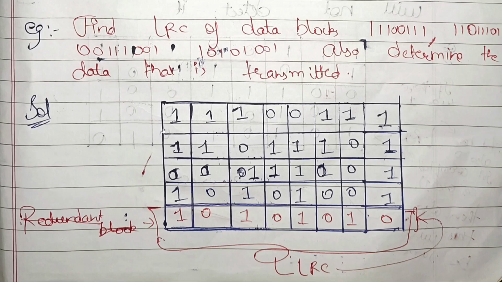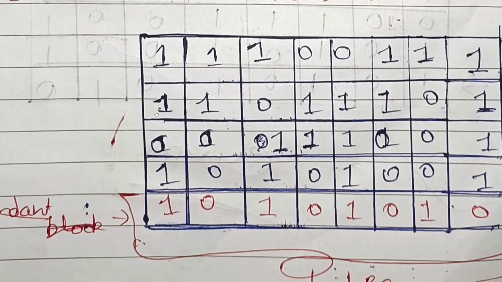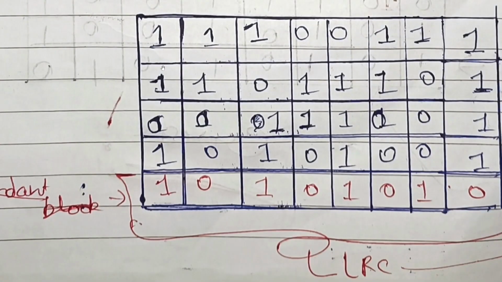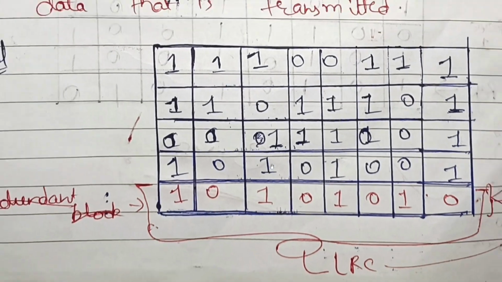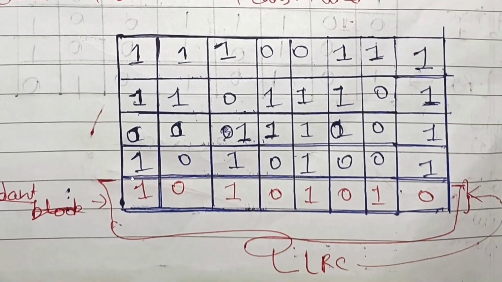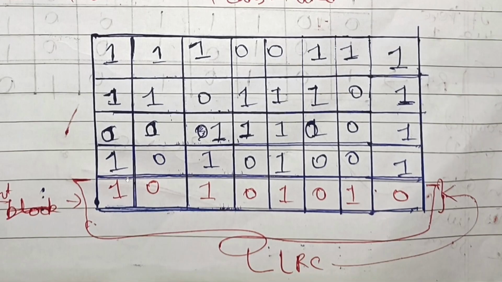After placing all the blocks of data units, we are going to calculate the parity for each column. Like here, the number of ones is odd, 1 1 1, 3 ones, so we are going to add a 1 here. And similarly, doing the calculation like this for each column, we are going to generate a new block. This will be the redundant block. This is going to be the longitudinal redundancy check.